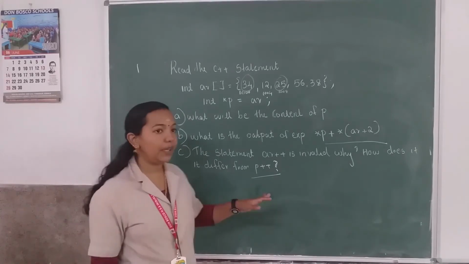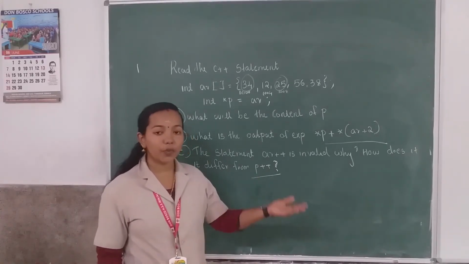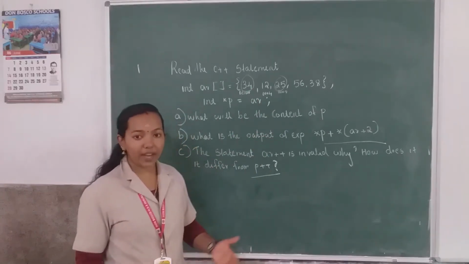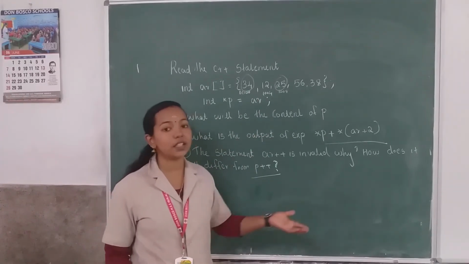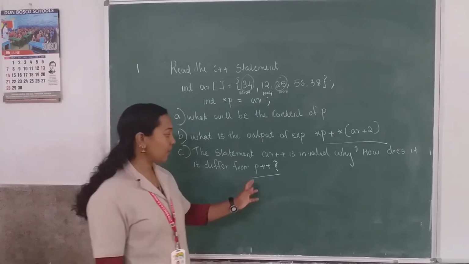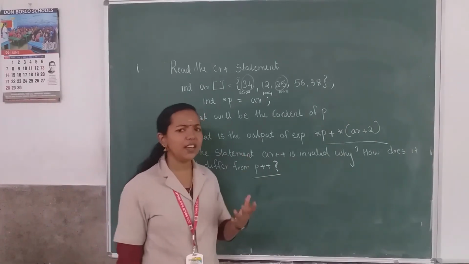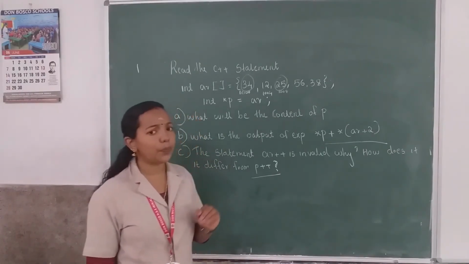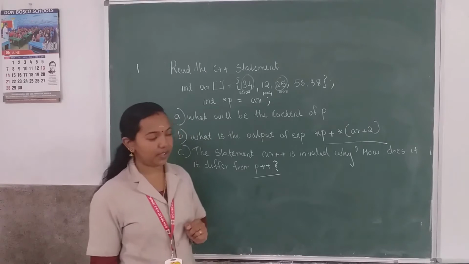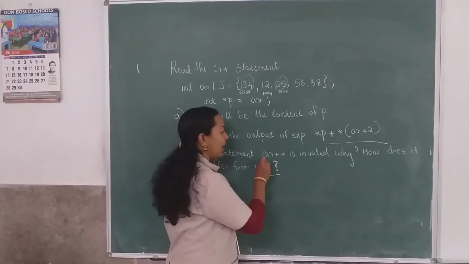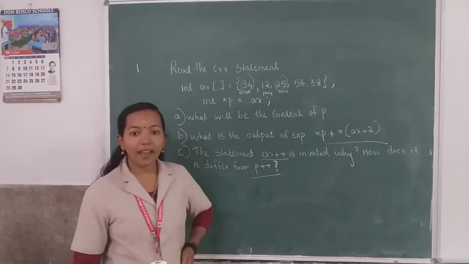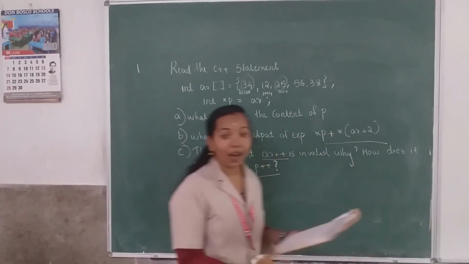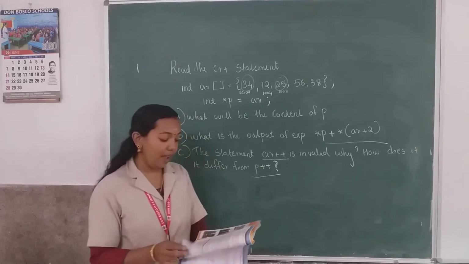If we perform P++, the pointer moves forward 1 location, that means it moves to the next successive integer location. We can easily perform arithmetic, that is incrementation and decrementation, with pointer variables. But here it is an array name. AR++: we can't increment an array name.